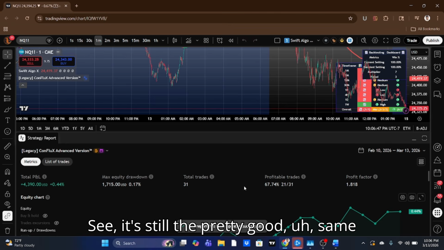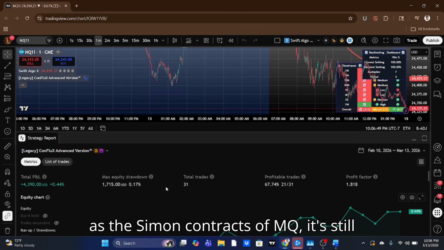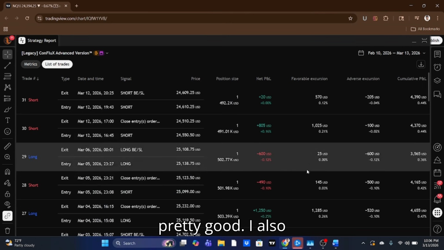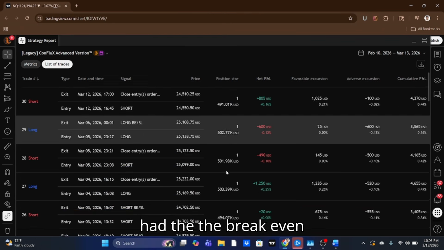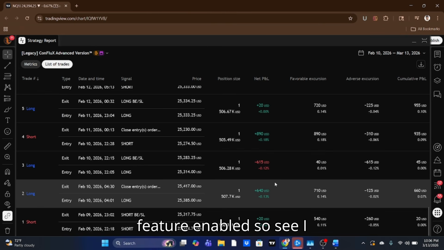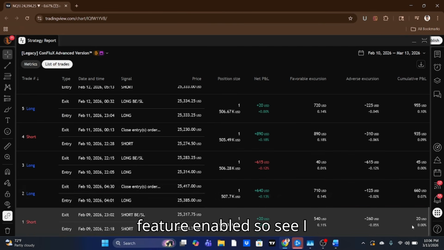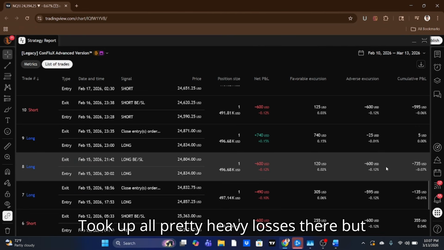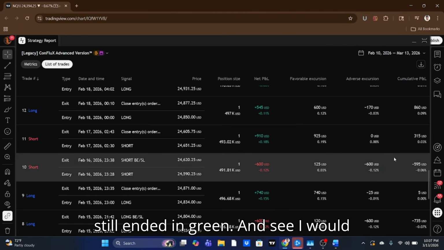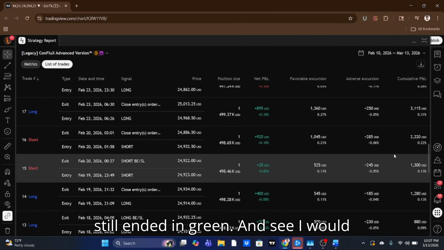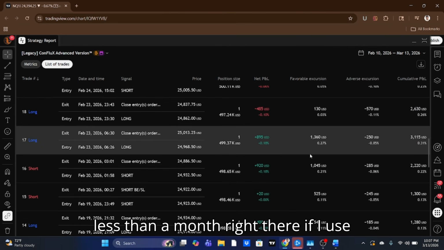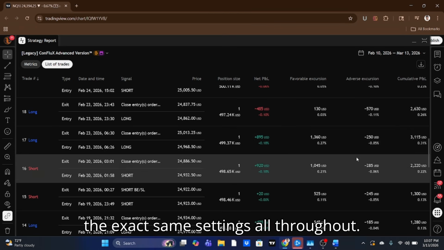See, it still did pretty good. Same as the 7 contracts of M&Q. It's still pretty good. I also had the break-even feature enabled, so see, I would have actually ended, took a couple of pretty heavy losses there, but still ended in green. And see, I would have passed an Eval account in less than a month right there if I used the exact same settings all throughout.